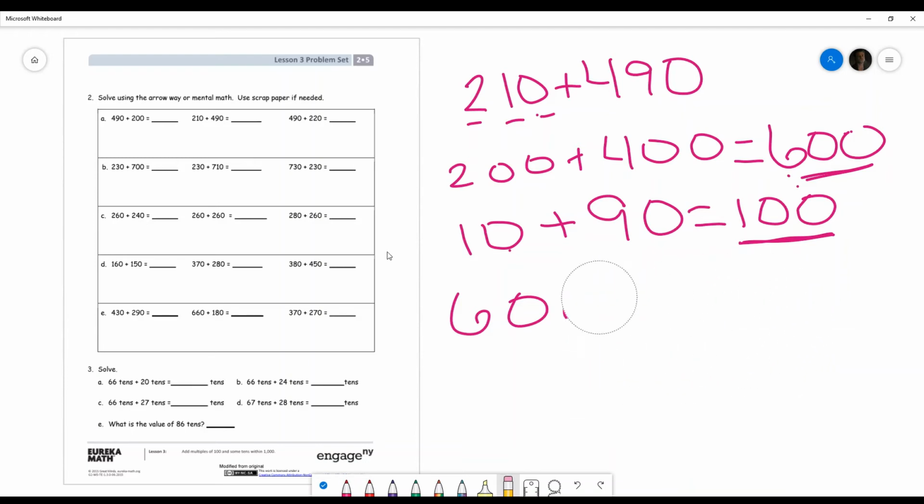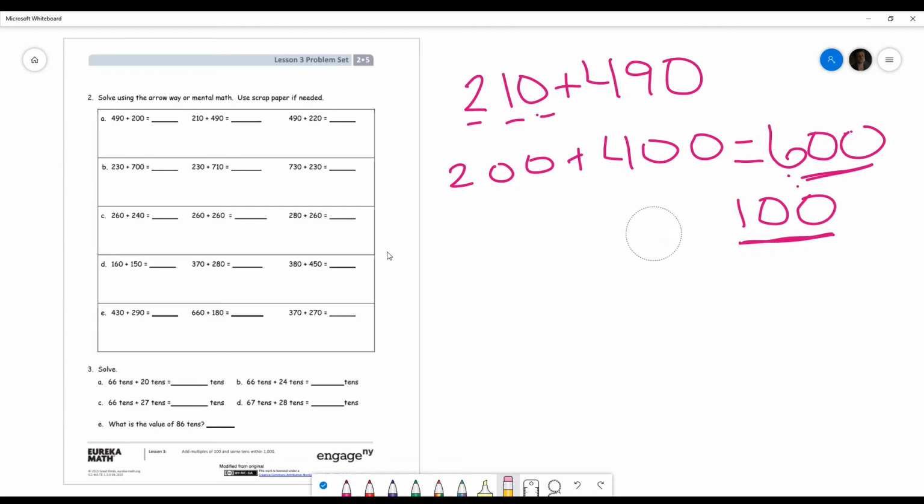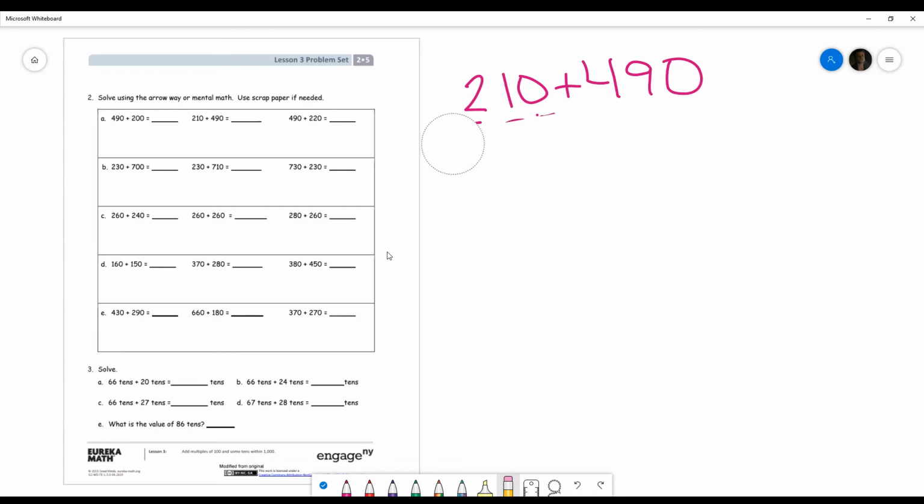Let's do the last one in problem set A. 490 plus 220.